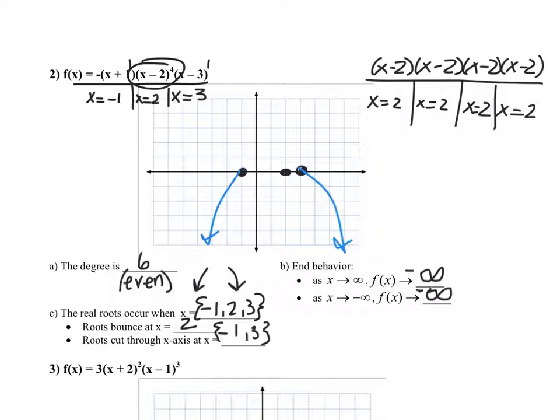I will eventually tell you how to find what value it cuts through, but for right now, let's just guess and just say, okay, it's going to cut through, come back down, and what happens here? It bounces off of the x-axis at x equals 2. So instead of going straight down here and back up, it's going to bounce and then come back down.